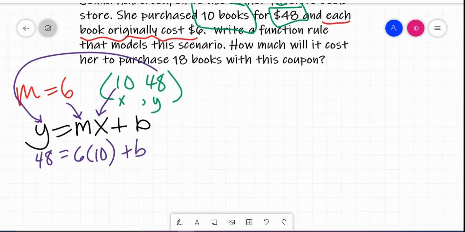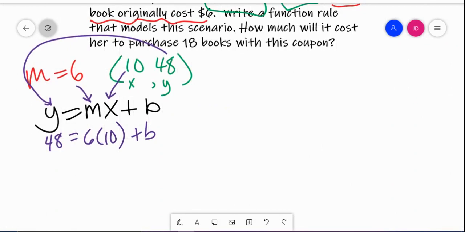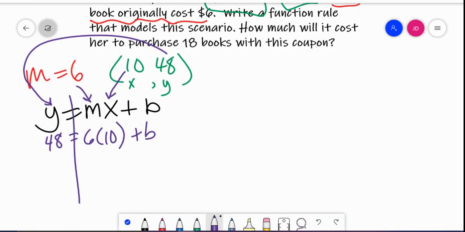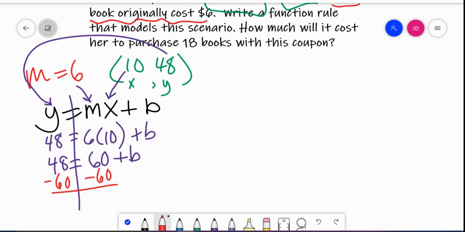I'm going to give myself a little bit more room and solve for b. We have 60 plus b equals 48. Minus 60 from both sides. And we get negative 12 is b.